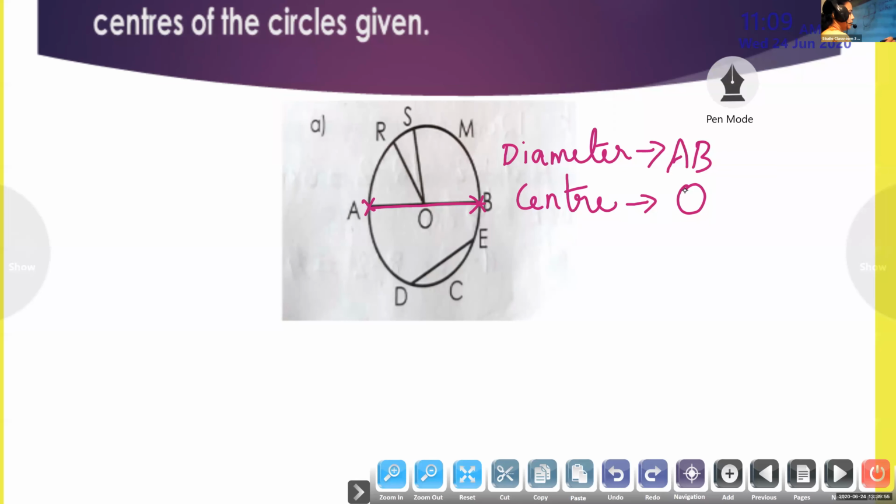Okay. So, Ashwin, can you say the radii? Wazim, can you identify the radii from the given picture?